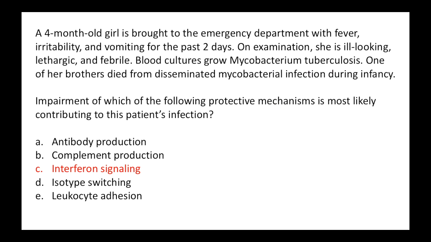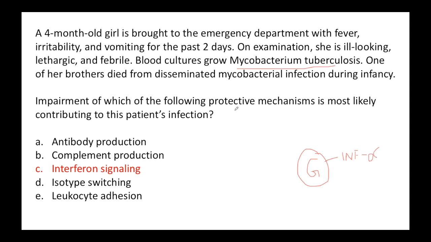So, let's see what order I did this. Okay. So when we think about TB, we think about granuloma formation. And granuloma formation also deals with interferon signaling, primarily interferon alpha.